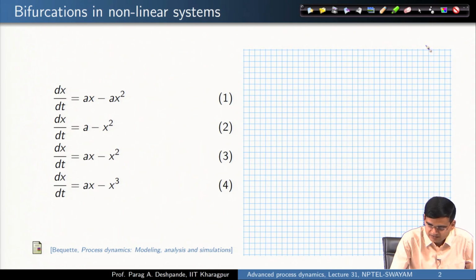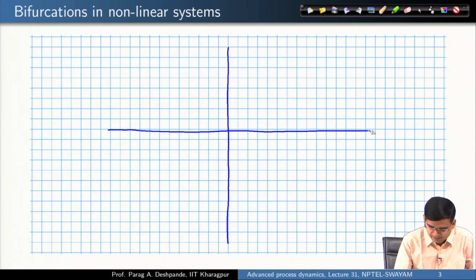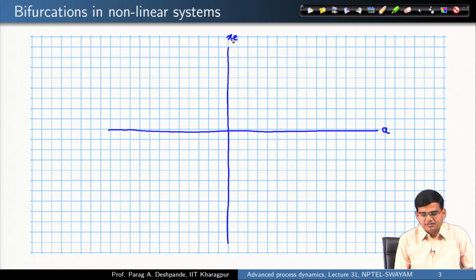I have the axis as the bifurcation parameter a, and the equilibrium solution x e.